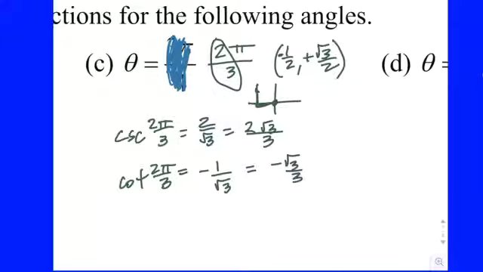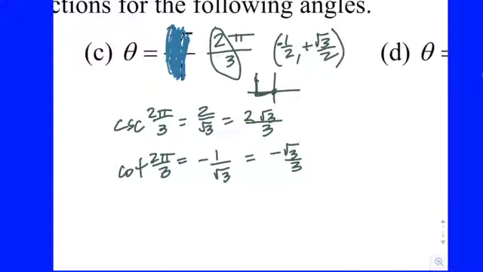There you go. Don't get so focused on trying to rationalize that you drop the sign. Okay? A negative over a positive is a negative. And I don't care if you put the negative in the top, bottom, or out in front. It doesn't really matter. Let's do all the co's first. So what's the last co we have? Cosine. So cosine of 2 pi thirds, negative 1/2. It's just the x-coordinate.